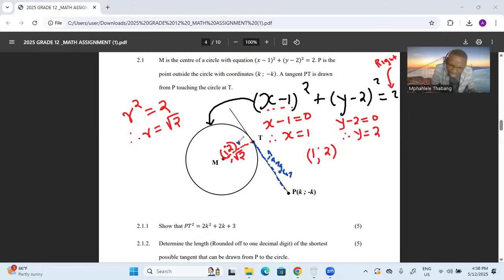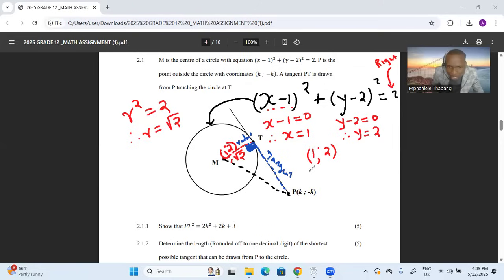This is the radius, which means that the angle here is 90 degrees. The angle between the tangent and the radius is 90 degrees, which makes this triangle, if I create a line from M to P, triangle MPT a right angle triangle.